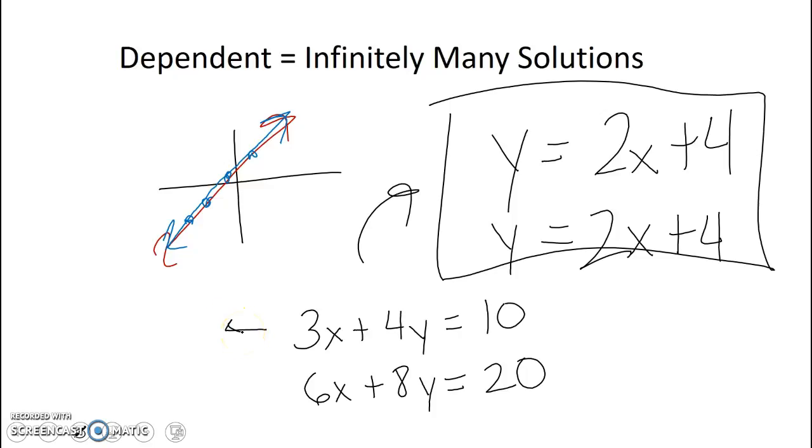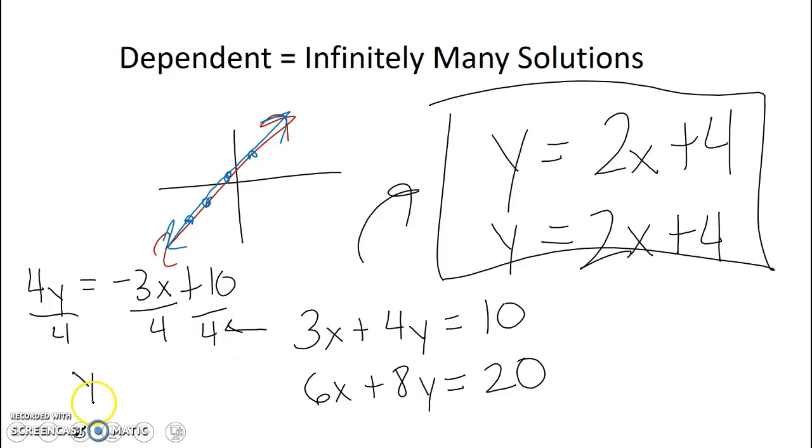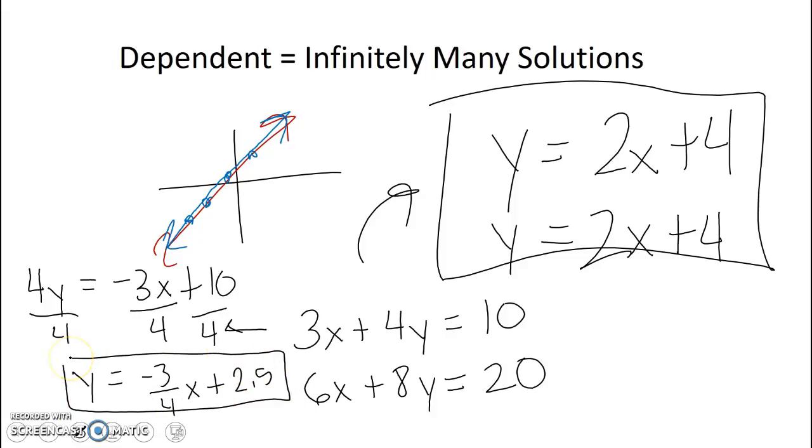So again, you'd go through the same steps. You'd say like this is 4y equals negative 3x plus 10. Divide this by 4. This would give you y equals negative 3 over 4x plus 2.5. So that's what this line is.